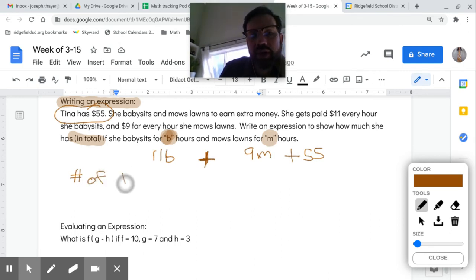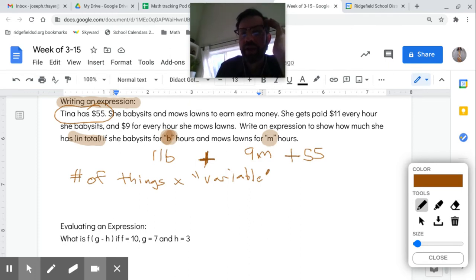So it's the number of things times the variable. For example, she gets paid $11 for every hour she babysits.